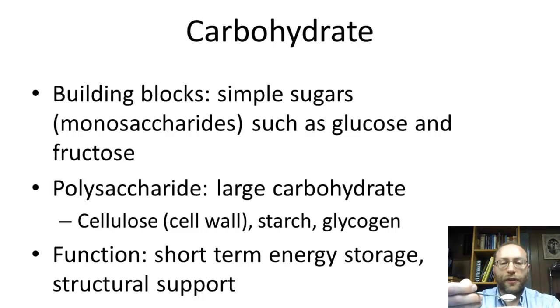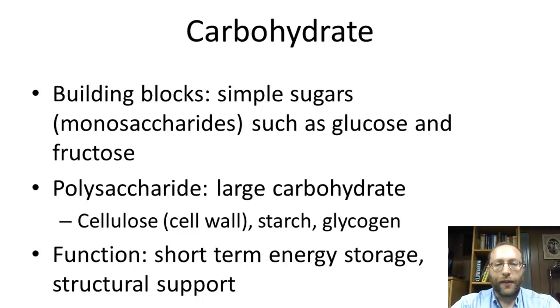Regular table sugar is sucrose, which actually is 2 combined, which are glucose and, I believe, fructose. Another kind of disaccharide, which is made of 2 sugars, is lactose, which is milk sugar, and that's glucose and another type of sugar called galactose put together.